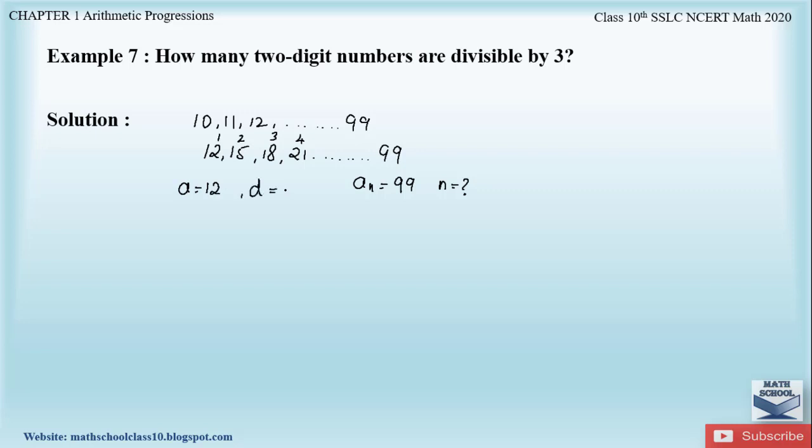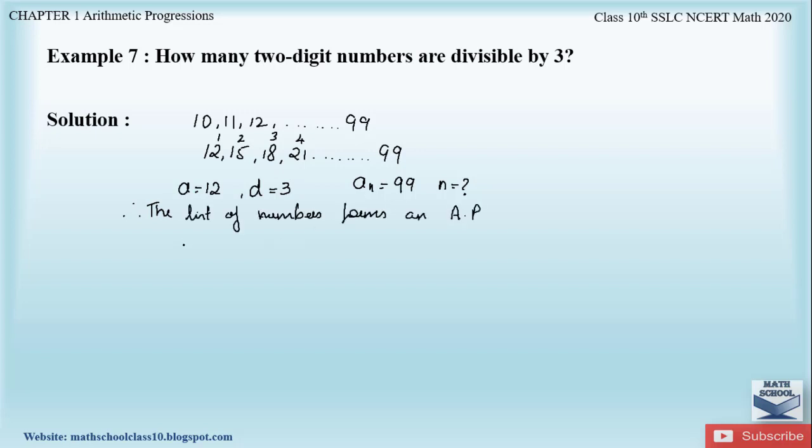The common difference should be equal and the same for all the terms. Since these are multiples of 3, the difference between all the terms is 3, and that's how we can say that this list of numbers forms an AP. So we can write down that the list of numbers forms an AP.